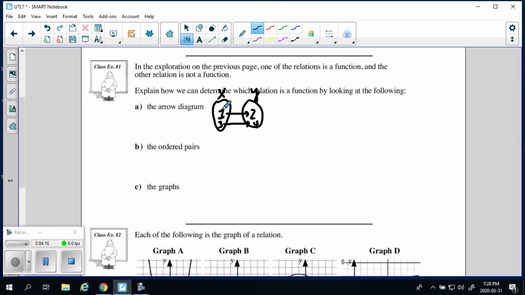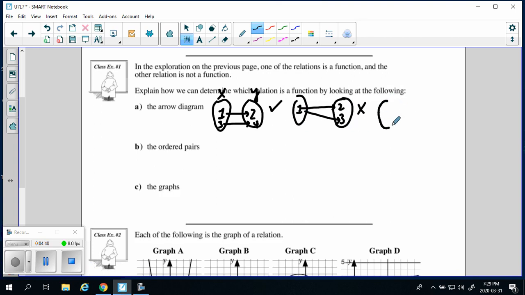This is a function because if you put in 1, you're only going to get out 2. So that's a function. But if you were to change it so that the number 1 actually maps to two different things over here, the number 2 and the number 3, this is not a function because if you put 1 into the machine, it gives you out two values.